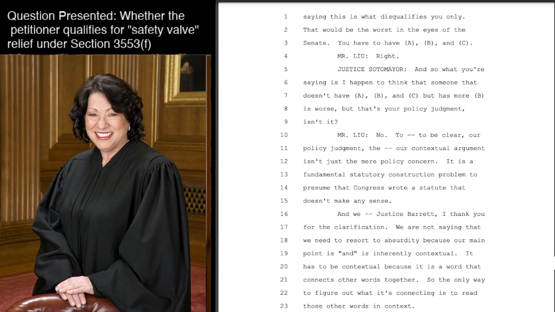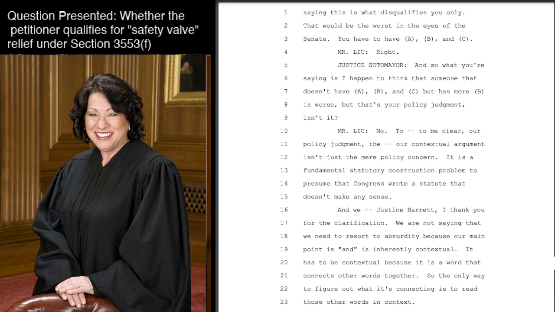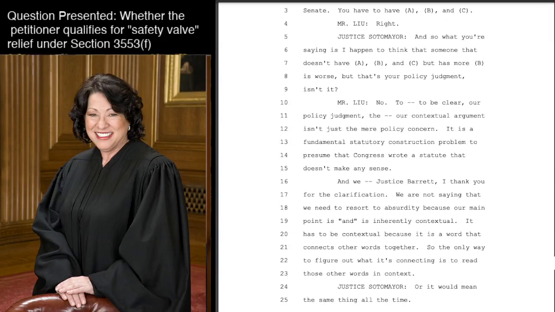That would be the worst in the eyes of the Senate. You have to have A, B, and C. Right. And so what you're saying is, I happen to think that someone that doesn't have A, B, and C, but has more B, is worse, but that's your policy judgment, isn't it?